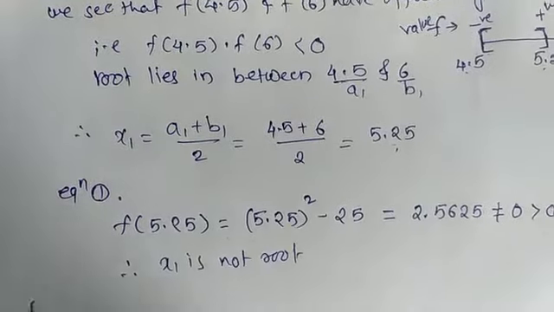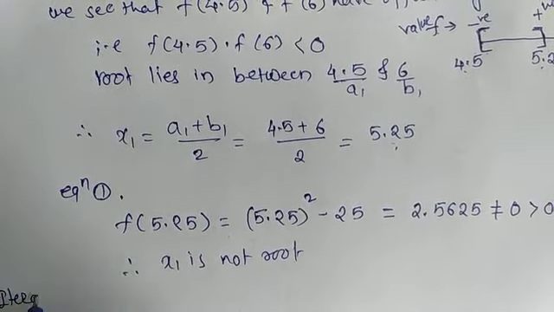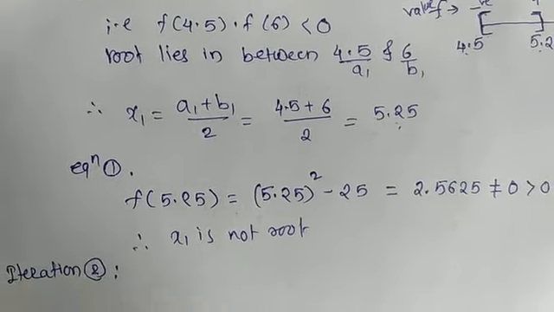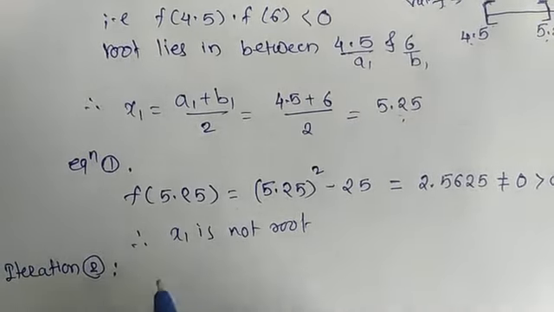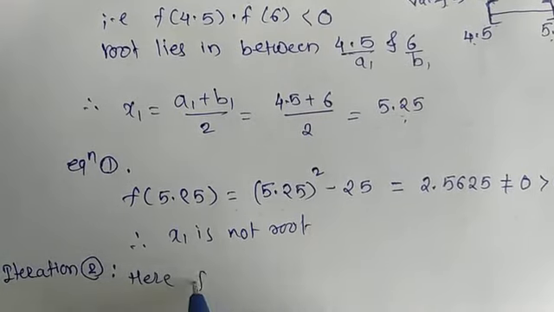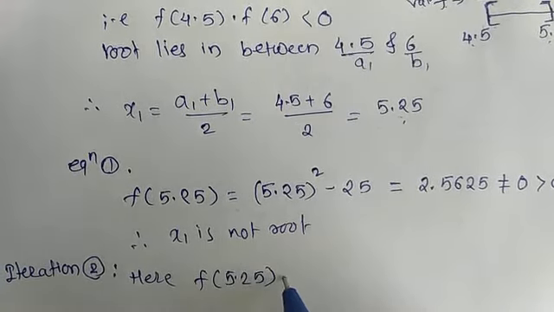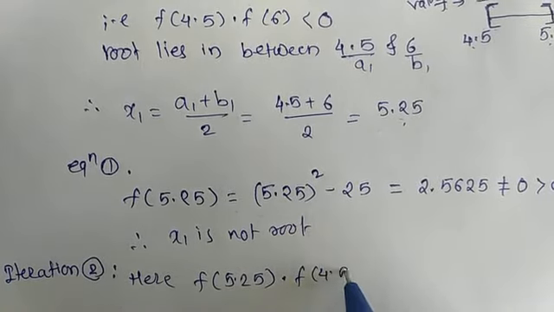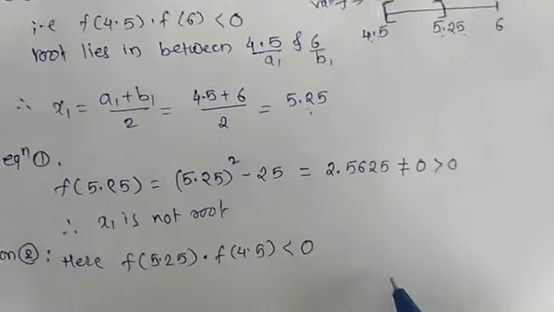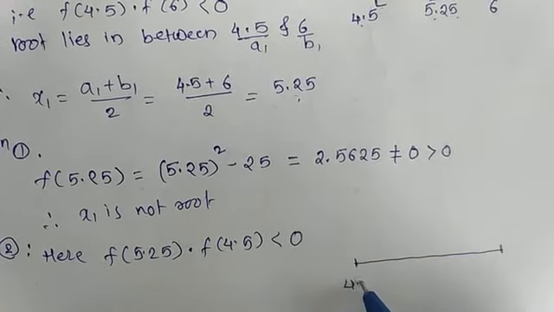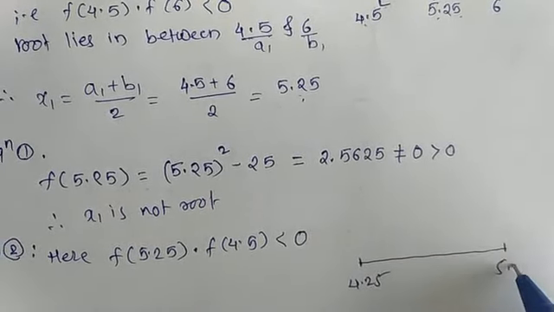So iteration 2 will be: f of 5.25 into f of 4.5 is less than 0. So we consider the next interval between 4.5 and 5.25.